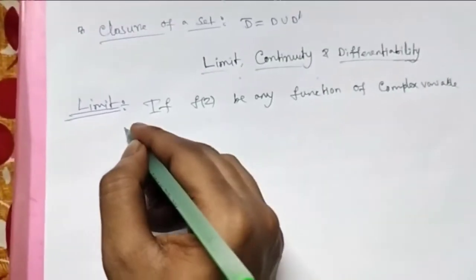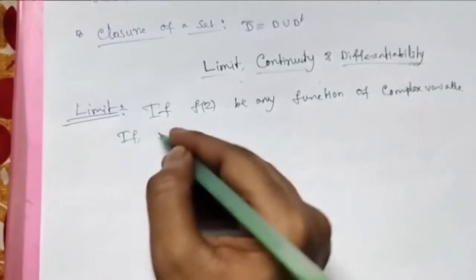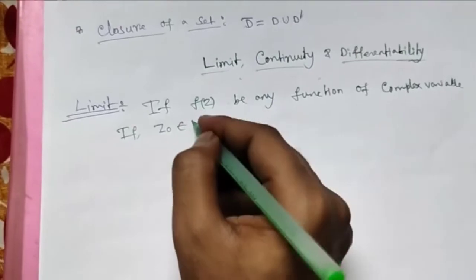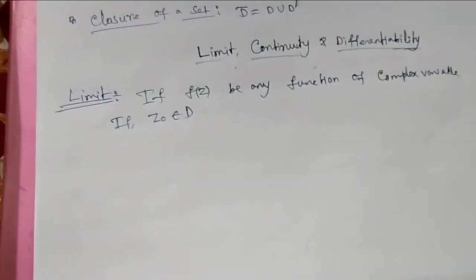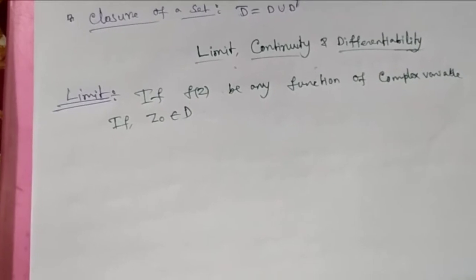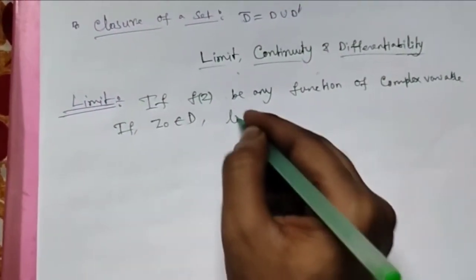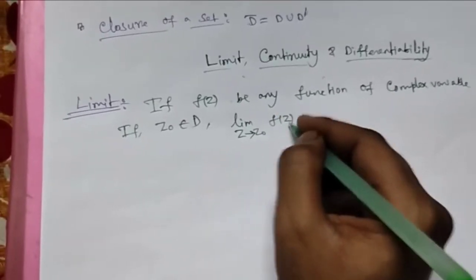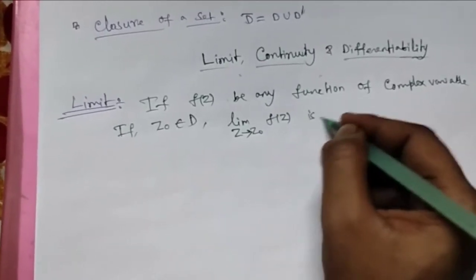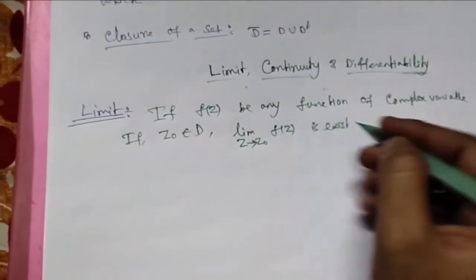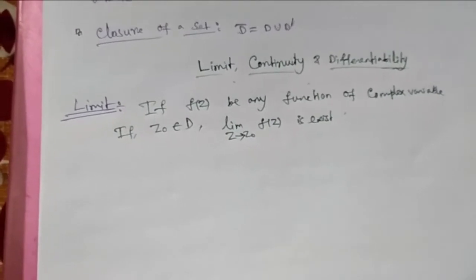So if z0 belongs to D, then limit z tends to z0 f of z, if this limit exists finitely, then we say that its limit exists.